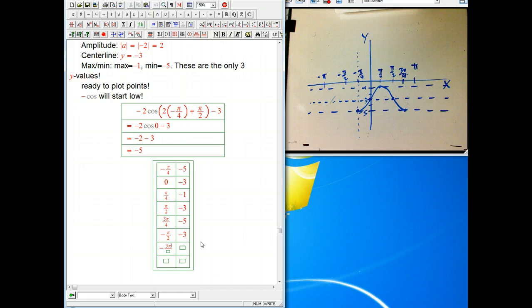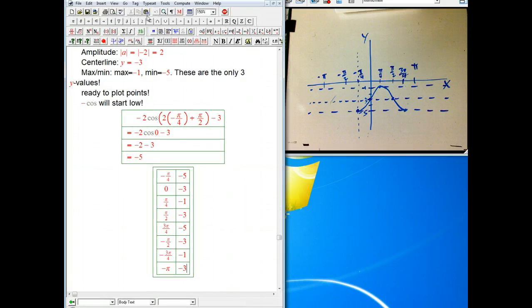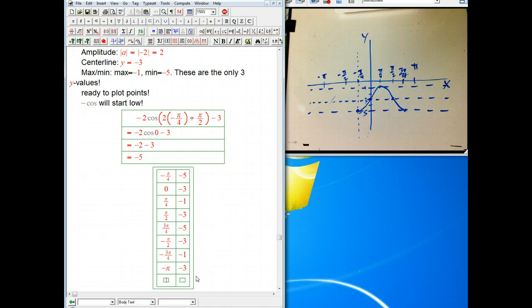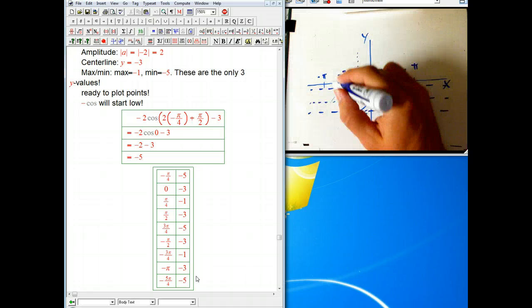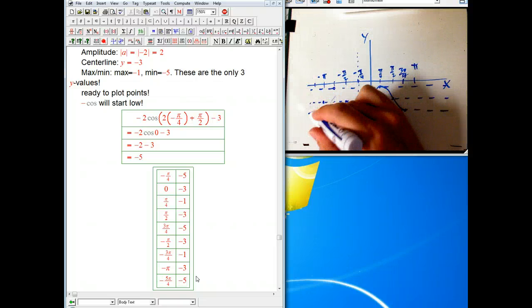Minus 3 pi over 4 back to the top, and then minus pi back to the middle, and then I guess I need one more row, and minus 5 pi over 4, minus 5, back to the bottom. And so here we are, minus 3 pi over 4, minus 5 pi over 4. Middle, high, middle, low.